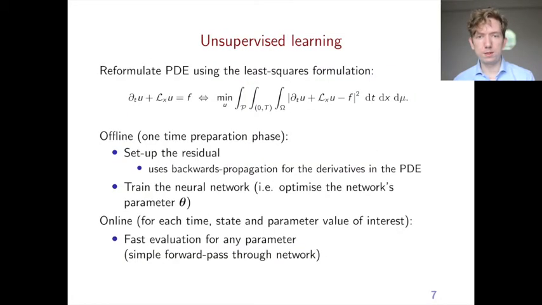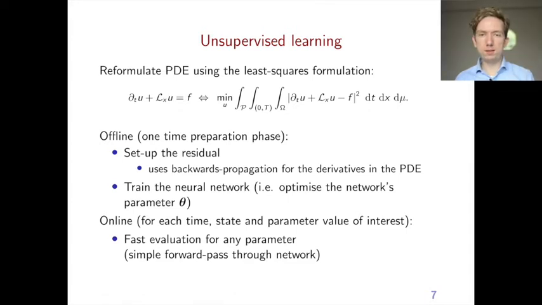Our way of reformulating the parametric PDE as a minimization problem is based on its least squares formulation. Let us consider a high-dimensional parabolic PDE, which is to be solved for each parameter value. We take the square of the PDE's residual and integrate it over the time, space, and parameter domain to obtain the loss function, which is to be minimized by a neural network.